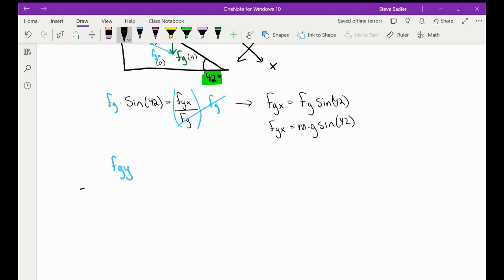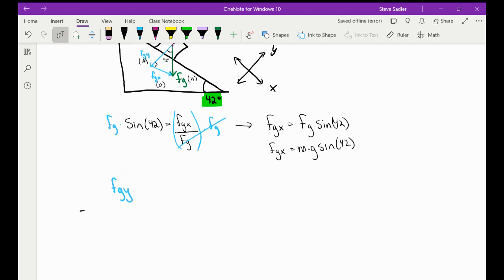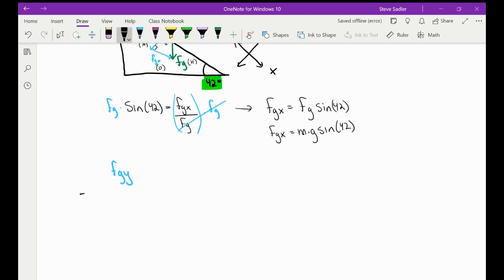is going to equal, well, FGY is an adjacent, and we want to use hypotenuse, so we can use the cos ratio. Cos 42 is going to be FGY over FG. And then I can multiply both sides by FG.